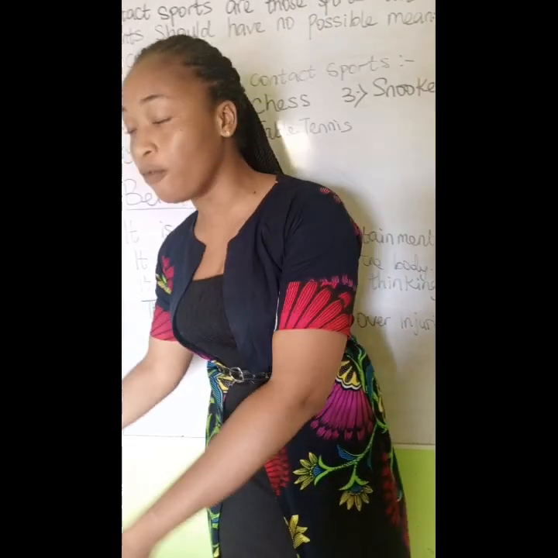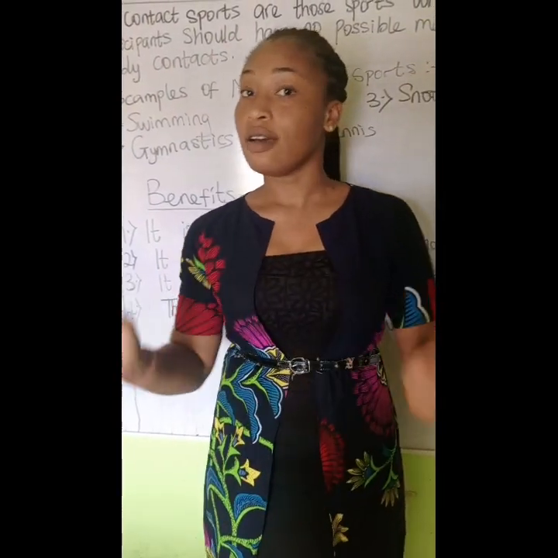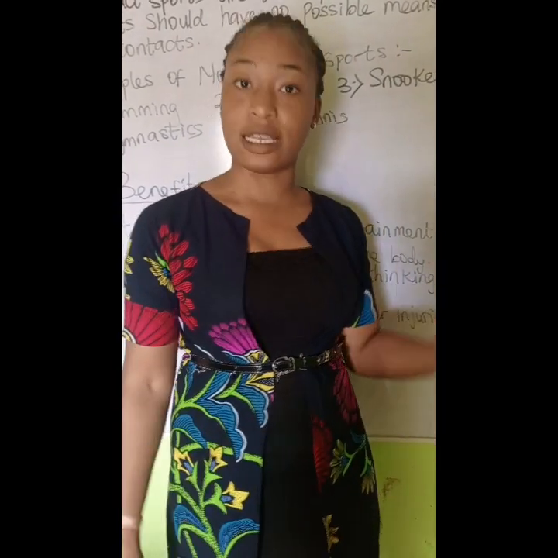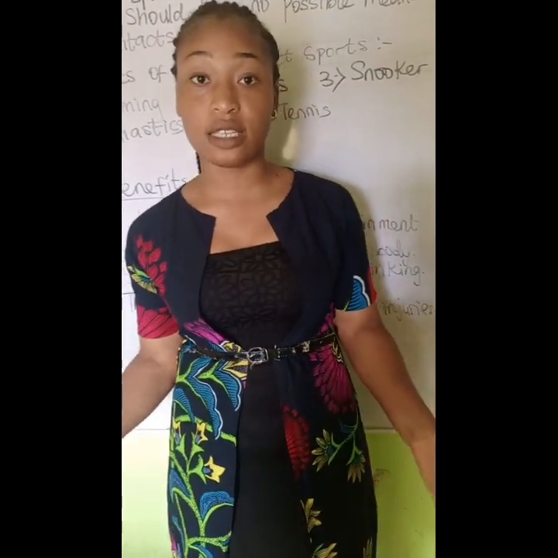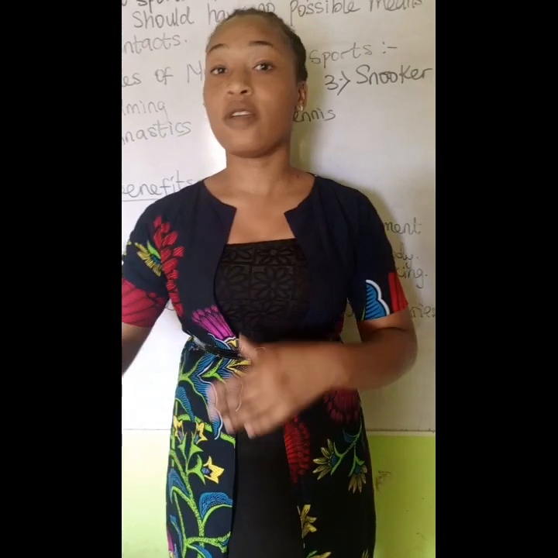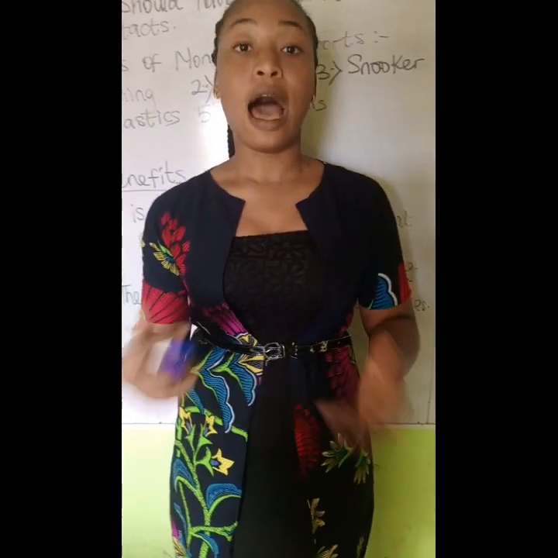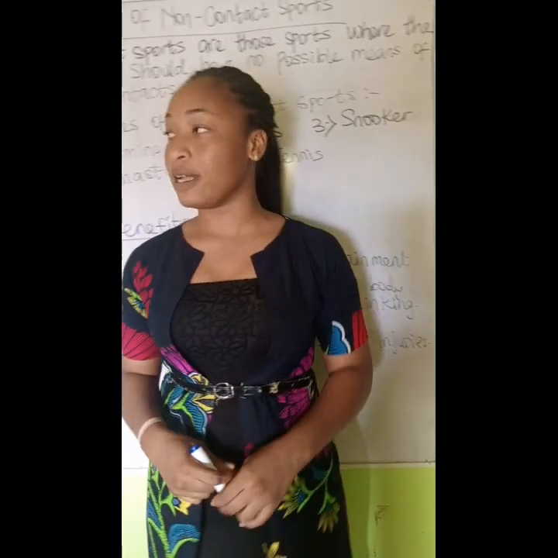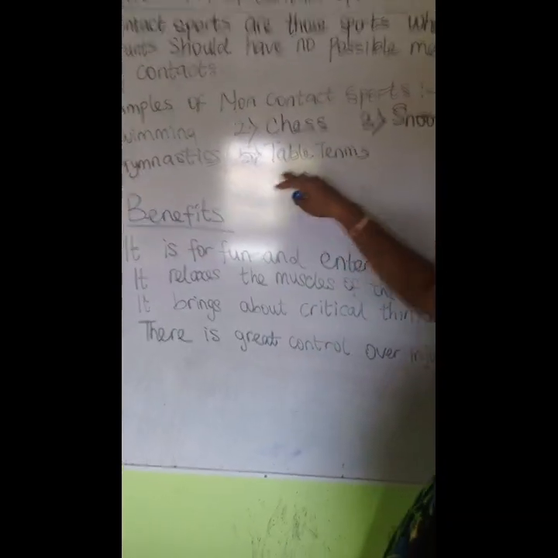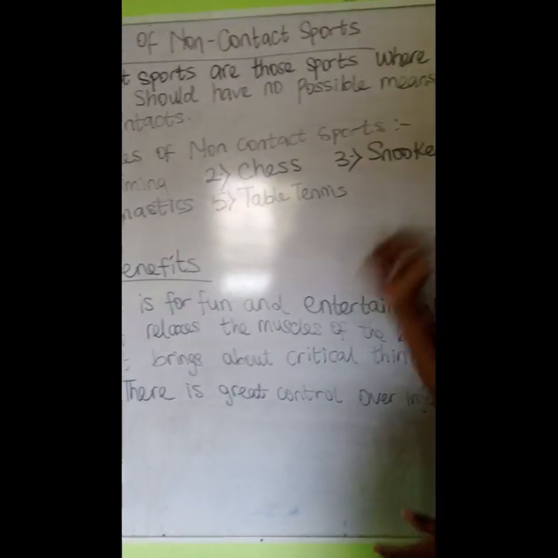Everyone has their own vault, or what we call pole, whenever they want to carry out their game of gymnastics. Even chess, many of us play chess in school or at home, and we find out that whenever you play with your opponent, there is no need or any form of body contact among the participants. Alright, so these are the examples of non-contact sports.